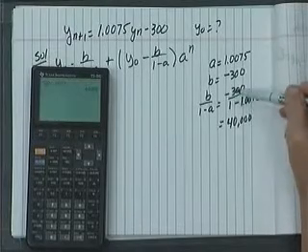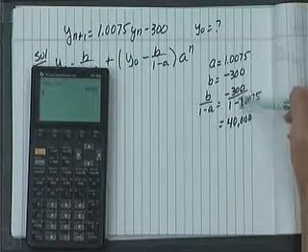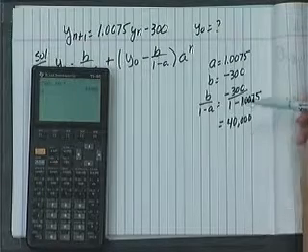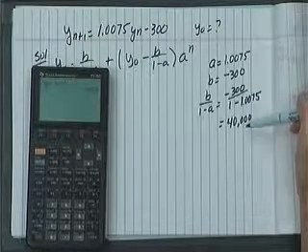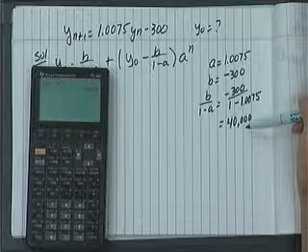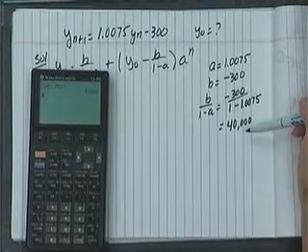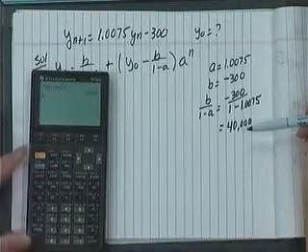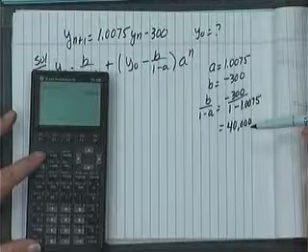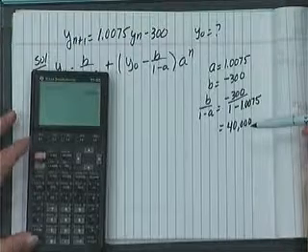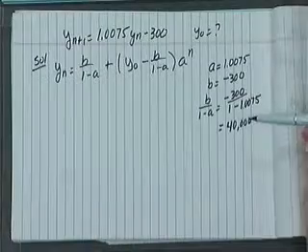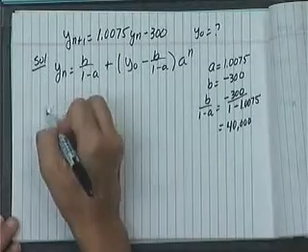Notice when you do your b over 1 minus a, you're going to have a negative over a negative, which becomes a positive. You get positive 40,000. Let's start putting it in our equation.